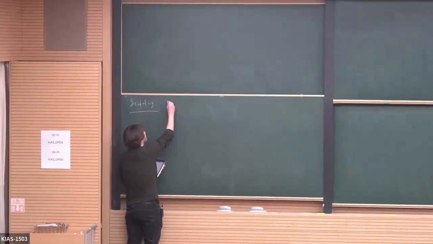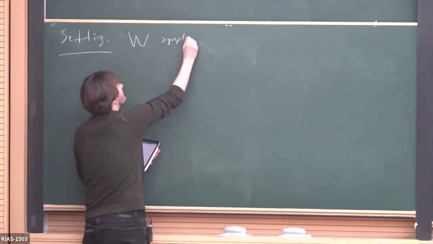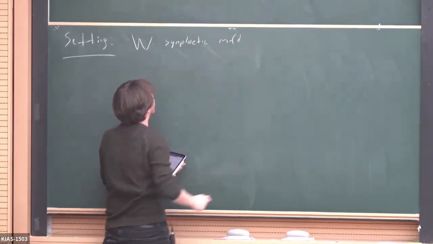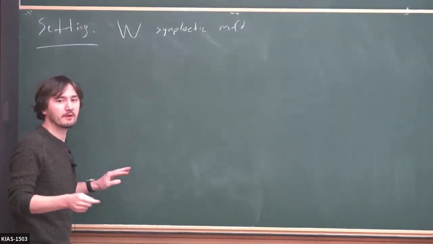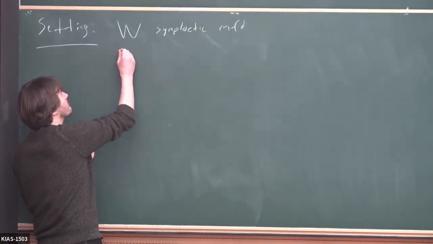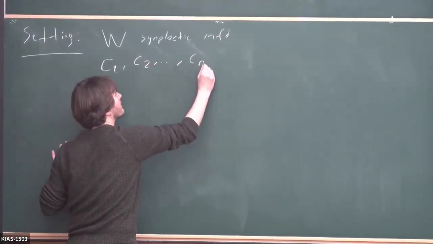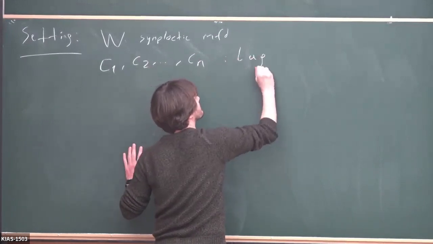let's take any symplectic manifold. In this symplectic manifold, let's say we have some Lagrangians, C1, C2 to Cn. So some exact, so normal Lagrangians.